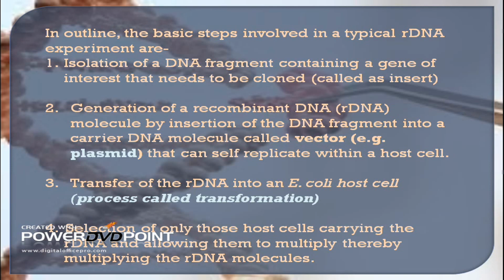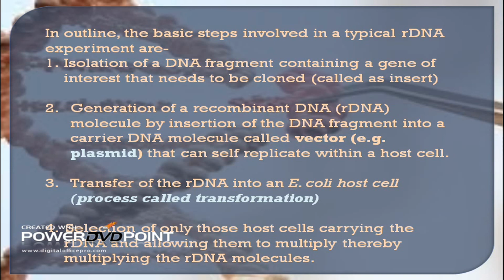So the second step is the generation of recombinant DNA. The gene of interest, that is the insert, is joined with the carrier DNA molecule, that is, if we take the example of a plasmid, the plasmid DNA and the gene of interest are joined together. That is known as the rDNA.